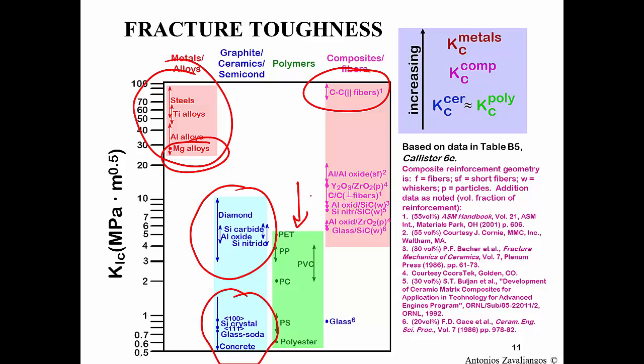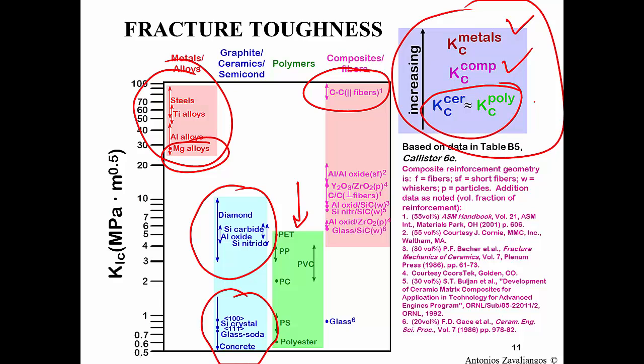So that's the range of the different properties, and these are numbers that it's good to keep in our mind. Essentially, metals are at the top, composites somewhere in between, ceramics and polymers at the bottom of the scale.